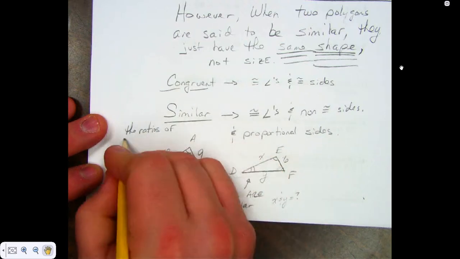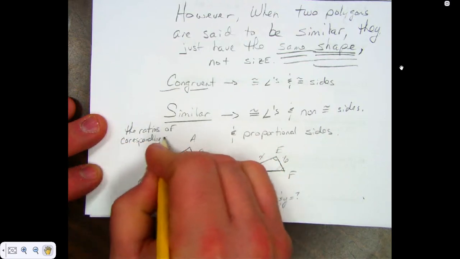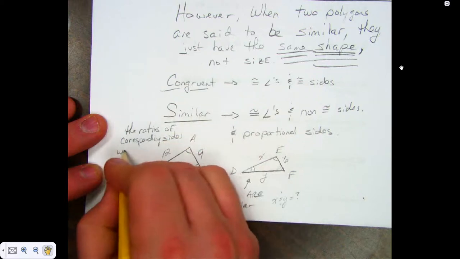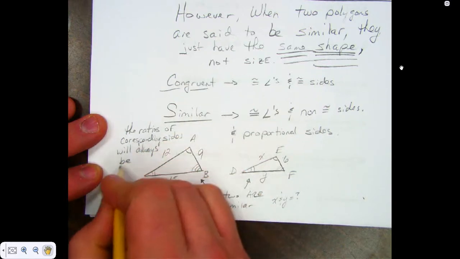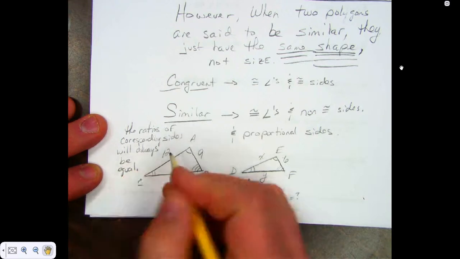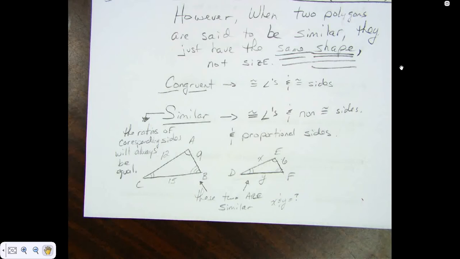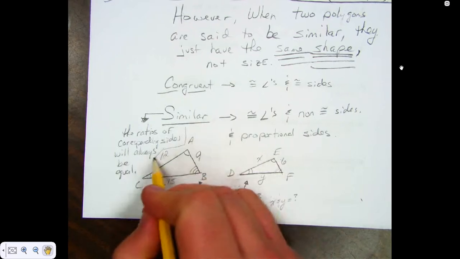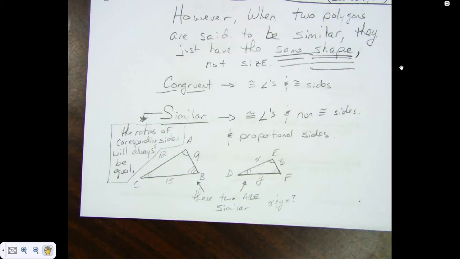So we set up proportions. The ratios of corresponding sides will always be equal. That's the shrinking, 50%, or, I don't know, 80%.